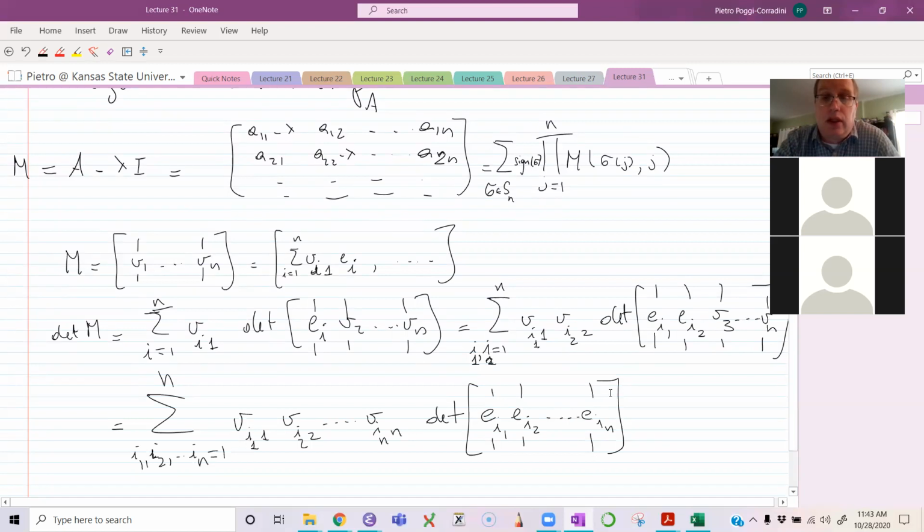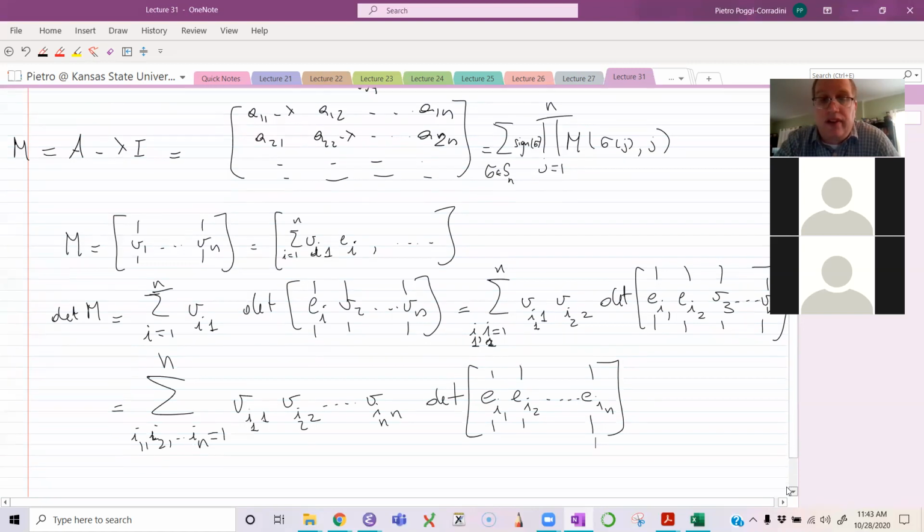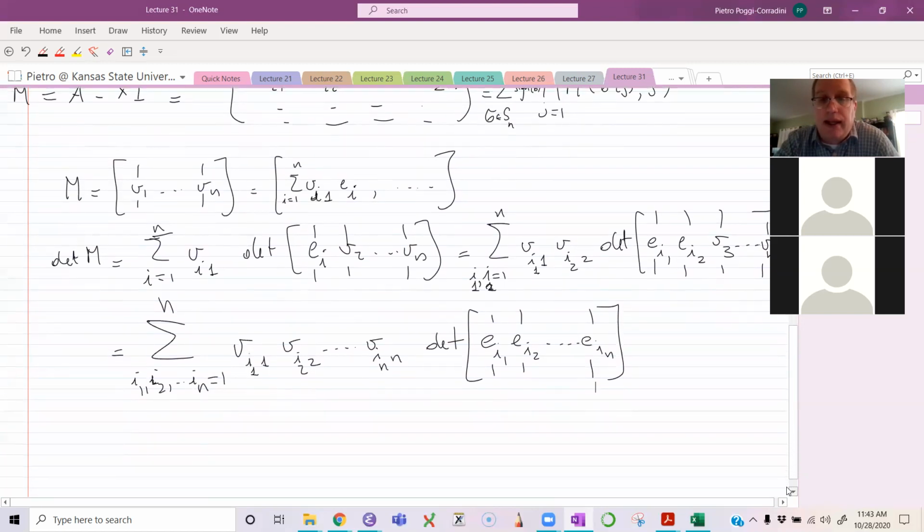Now, the first thing you notice here is that if you repeat two indices, then this determinant is going to be 0. So all of these i1, i2, through in have to be distinct.